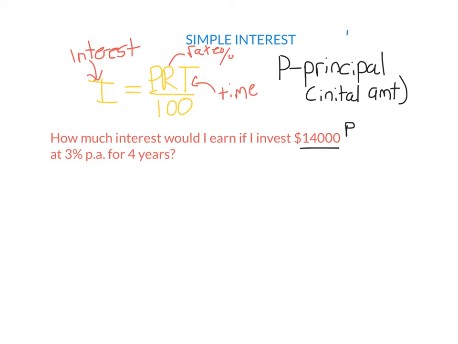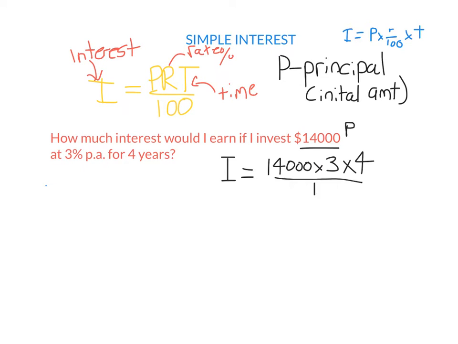You might have seen the formula written like this: I equals P times R over 100 times T. It's exactly the same formula. You'll get the same answer whether you use the formula in yellow or the formula in blue. So applying it to this question, I would get the interest equals principal times the rate as a percent, so that's 3, times 4 over 100.